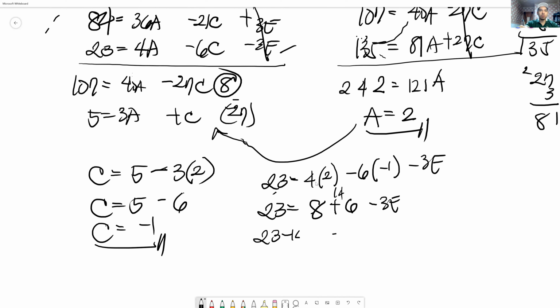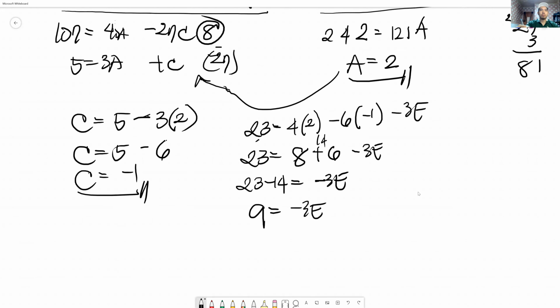So 23 minus 14 is equal to 9. So 9 is equal to negative 3E, so that our E is equal to negative 3.